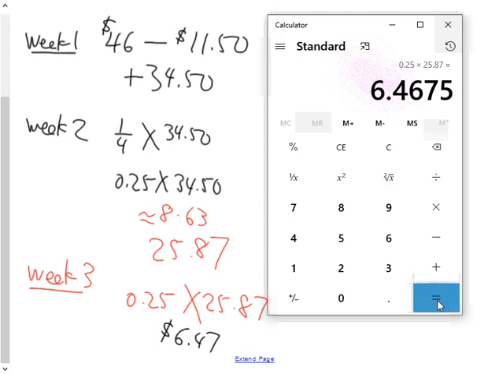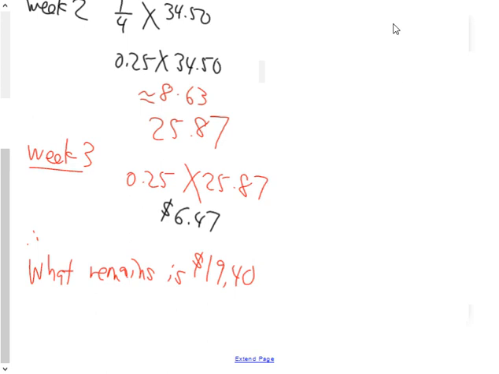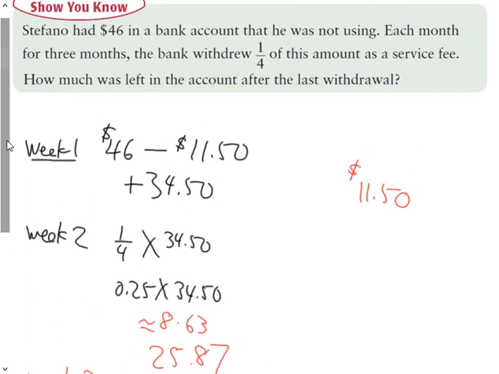So take my $25.87, which remains after month 2, take away the new service fee of $6.47, and what remains in the bank account? What remains, therefore, is $19.40.